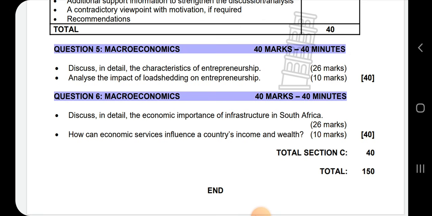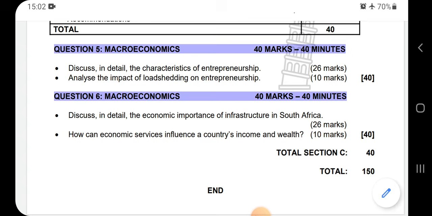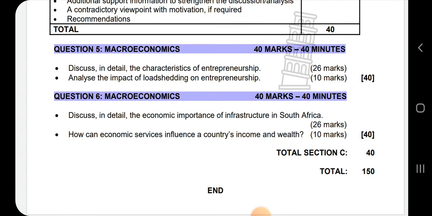Sorry, this is paper 2, this is paper 1, economics. This was written in 2023 in Gauteng. So in paper 1 we get 4 essays, and in paper 2 we got 3. So these ones are different.